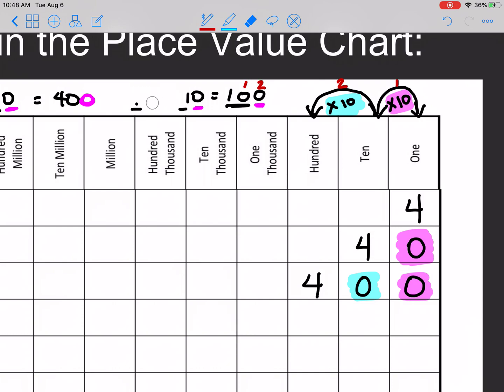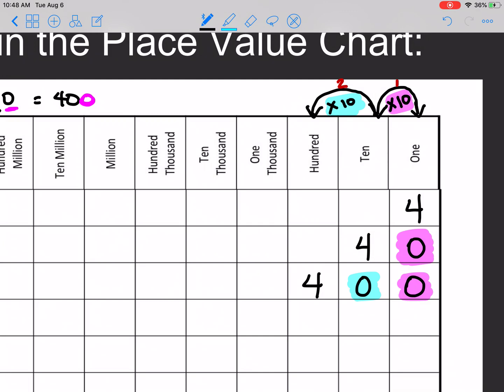What we're really wanting to look at is the patterns in our zeros and the patterns in our jumps, because that's going to help us out quite a bit as we start to work with these place values and comparing place values within a number.